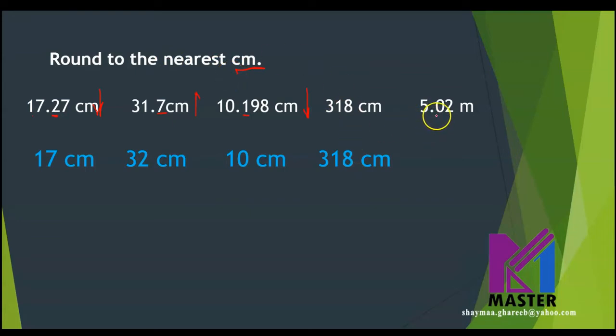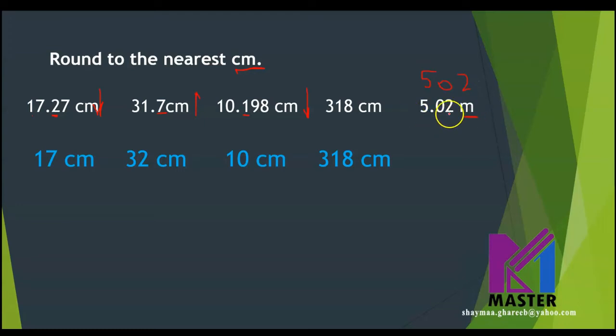Now, 5.02 meters. The unit here is different. It's in meters. So I need to change it into centimeters. Then I will round it to the nearest whole number. If I change it into centimeters, it will be 502 centimeters, because there are 100 centimeters in each meter.